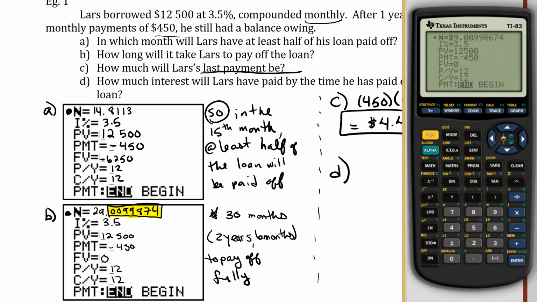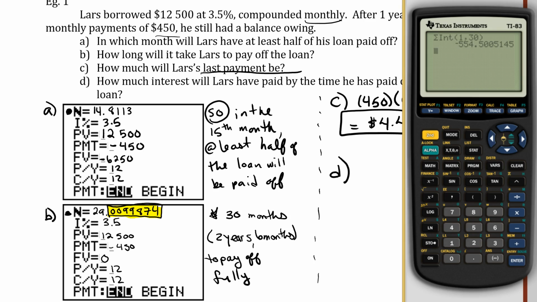So I know that I can use my SUMINT formula. So I'm going to go finance and scroll down to SUMINT. I'm going to say 1, comma, and I'm not going to use 29 because it's 29 and a little bit, so I'm going to say 30.